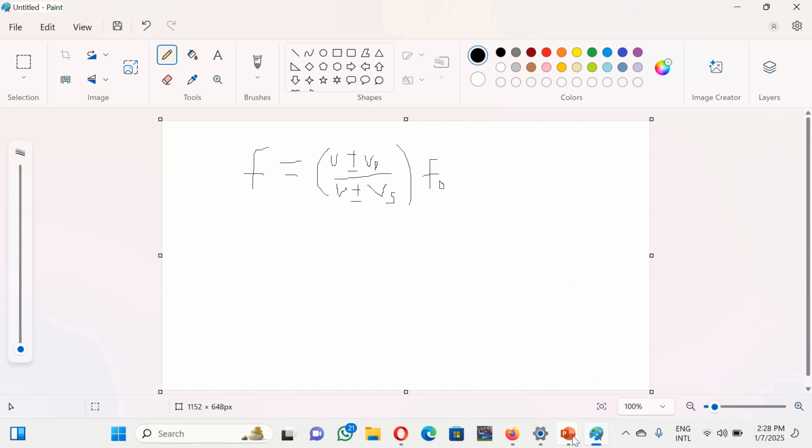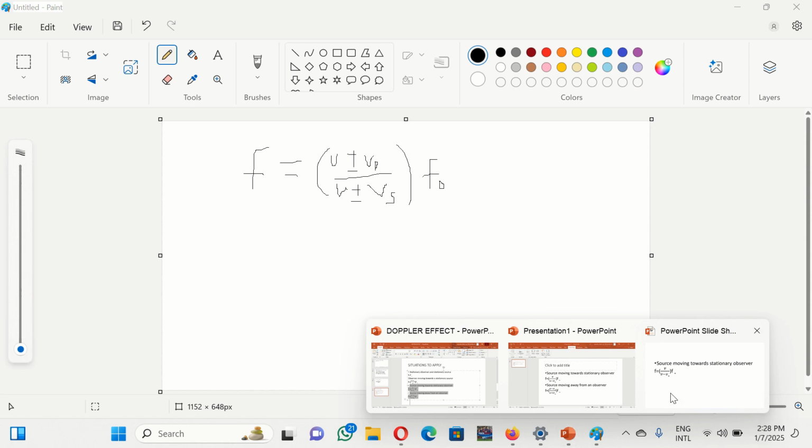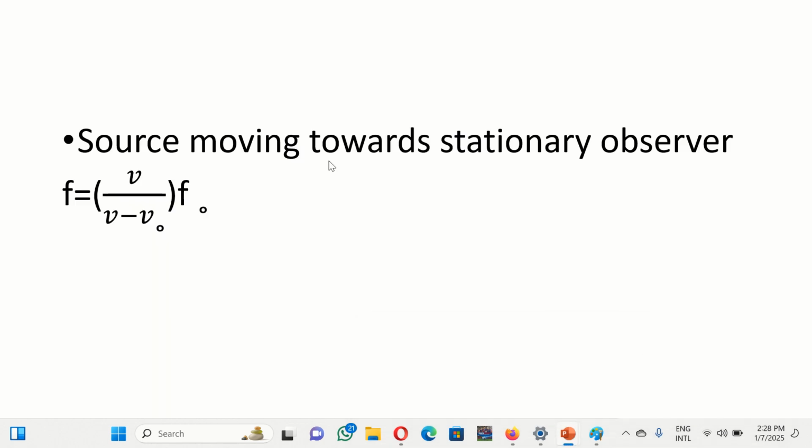And the situation that we have at hand is that a source is moving towards a stationary observer.